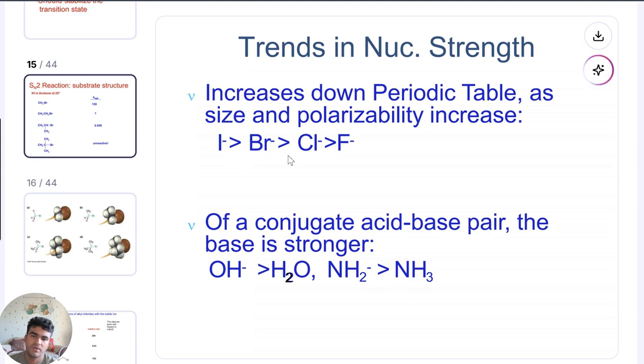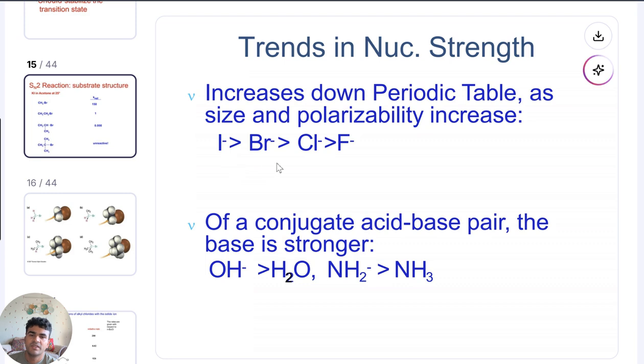With increasing nucleophilicity, the rate will increase. Down the group in the periodic table, as the size increases, polarizability increases, and nucleophilicity also increases.